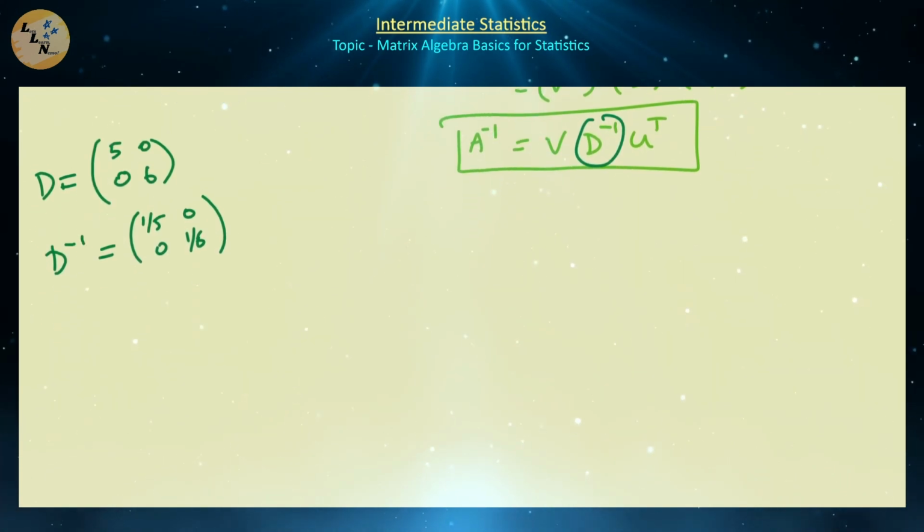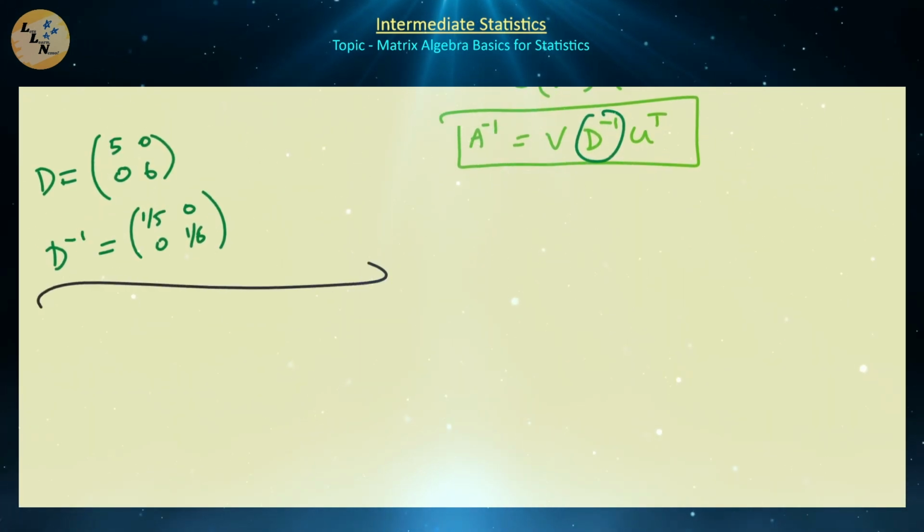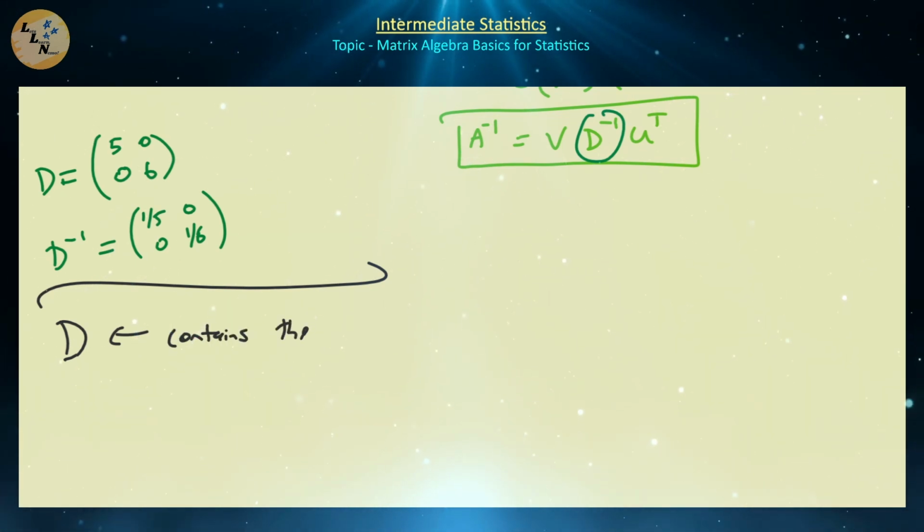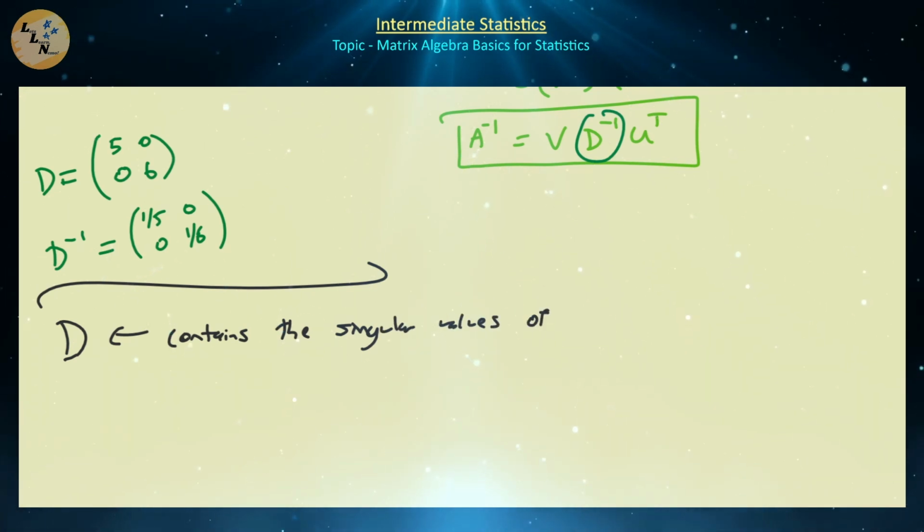But keep in mind something special about this D matrix. So D is containing the square root of the eigenvalues of A transpose A. This contains what we call the singular values of the matrix A, which we usually abbreviate by sigma.